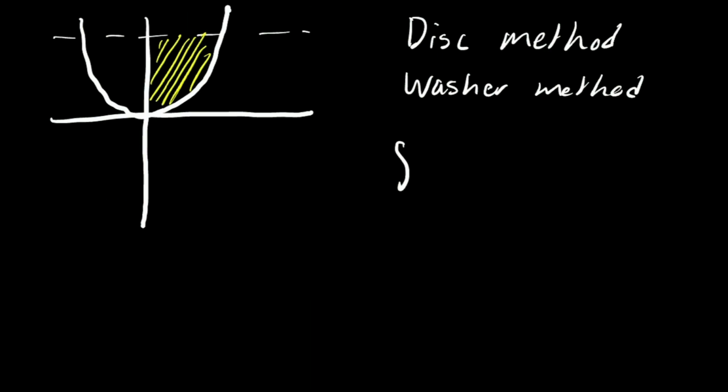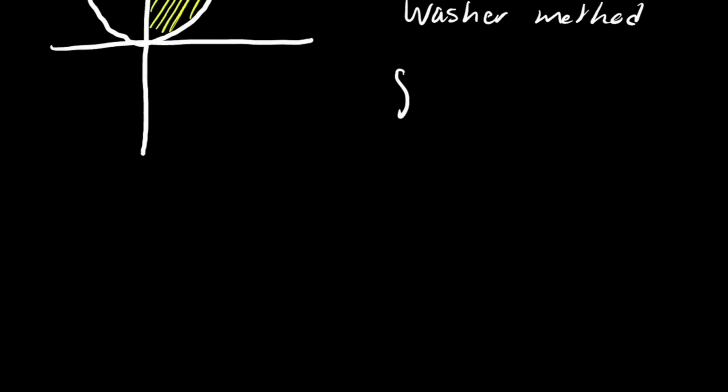So the radius of that circular shape is perpendicular to the axis of rotation. Before, we've been rotating it about the x-axis.